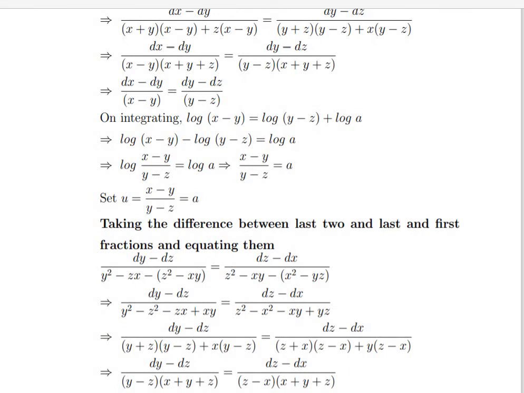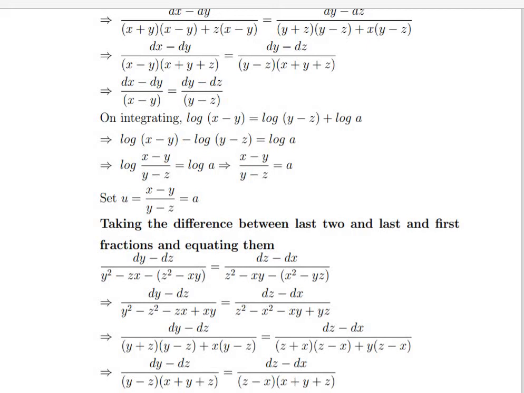Now from the denominator on the left side of the equation, we have taken x minus y common outside. The remaining terms in the denominator are x plus y plus z. Similarly, on the right side, we have taken y minus z common outside, and the remaining term is x plus y plus z.